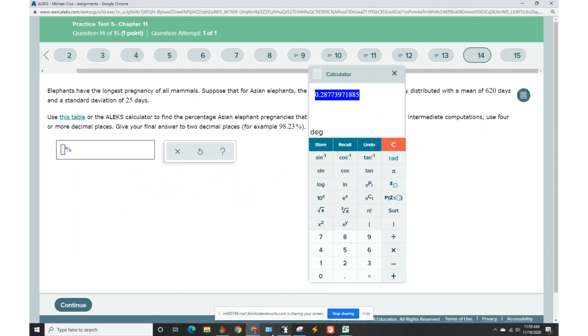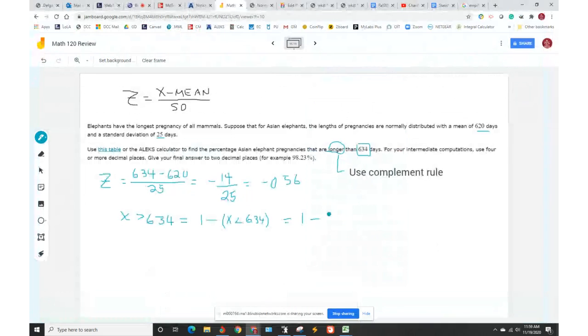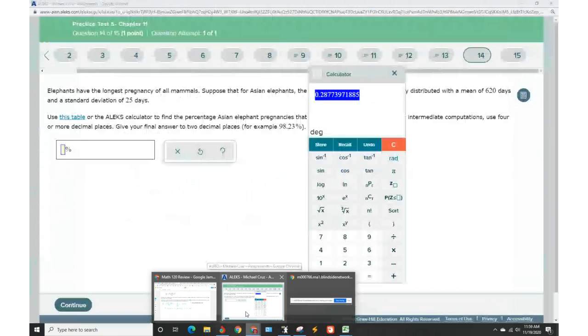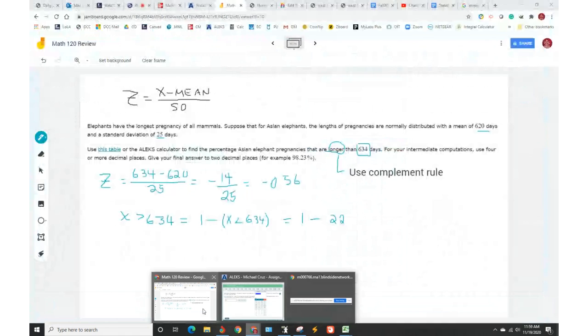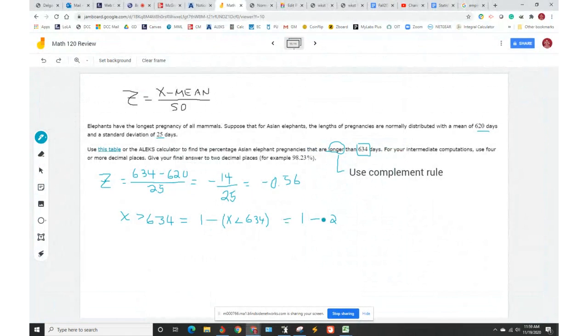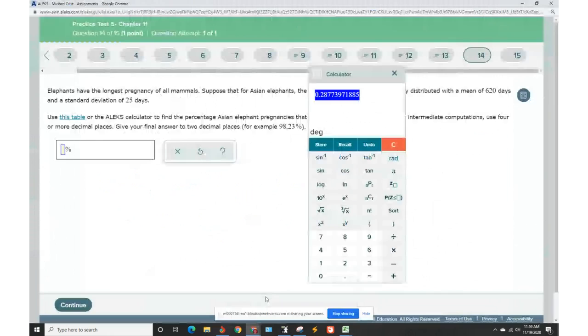Now you got to watch this. All right, I'm going to use the calculator, and so it's going to be 0.7122. I'm knocking off the negative sign just to save time.